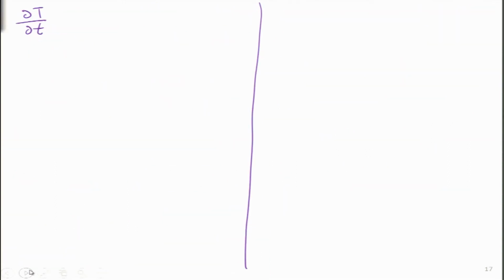So let me write that over here: T I minus T infinity, multiplied by del theta by del t. Okay. So far so good.